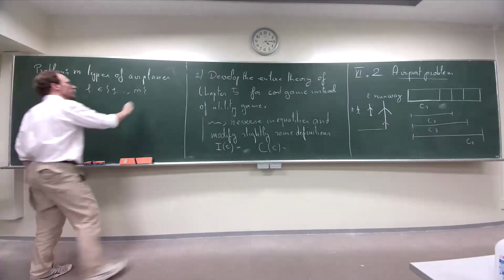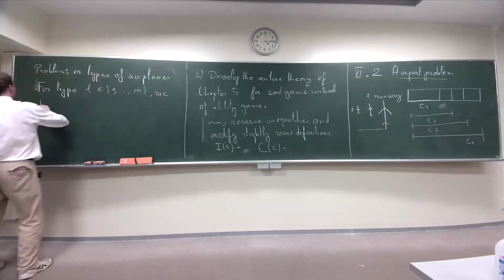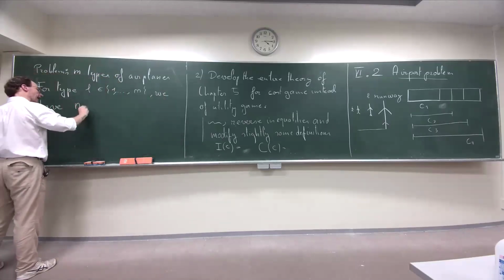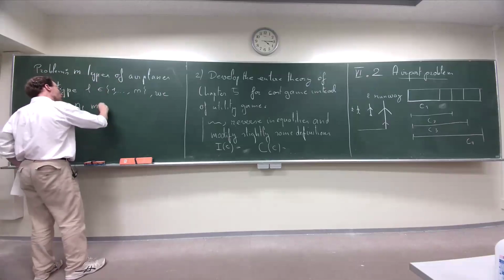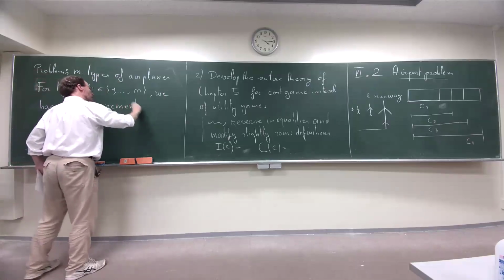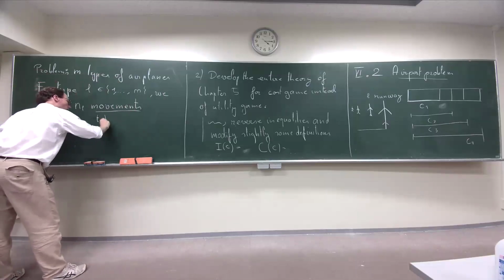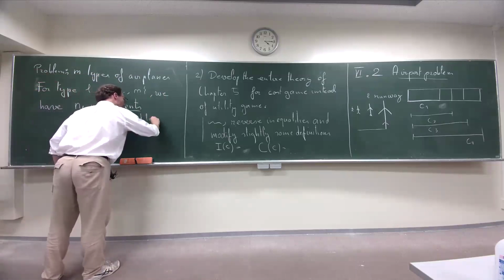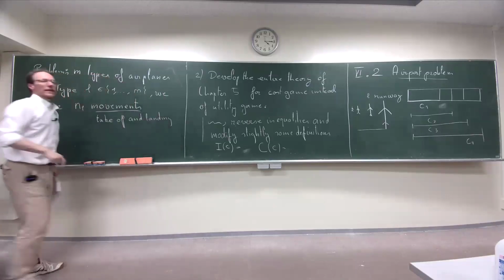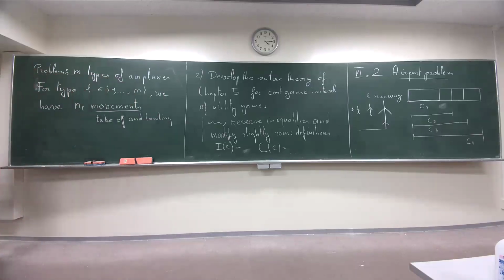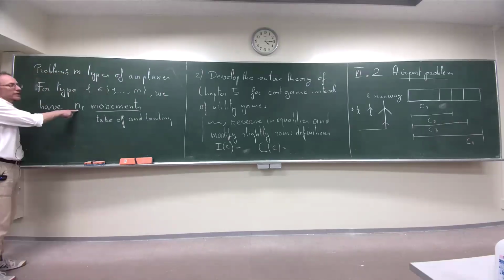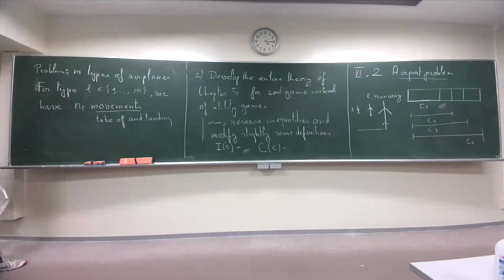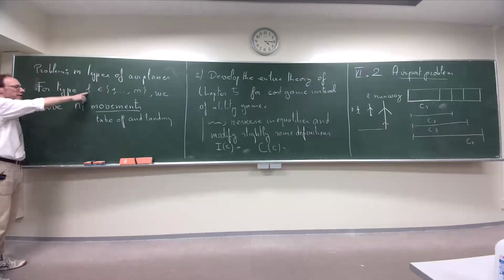For type L, we have what is called N_L, the number of movements. What does it mean? A movement is either when an airplane takes off or when it lands. So you have this number, during one year or during one month, of landing and taking off for the type L.